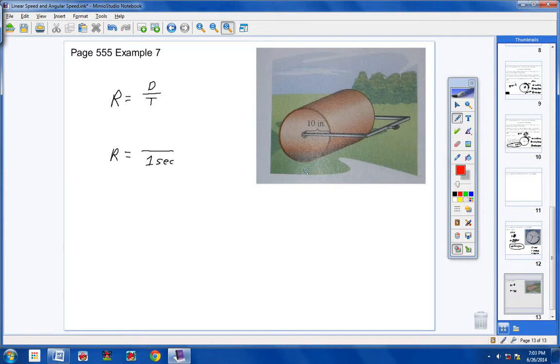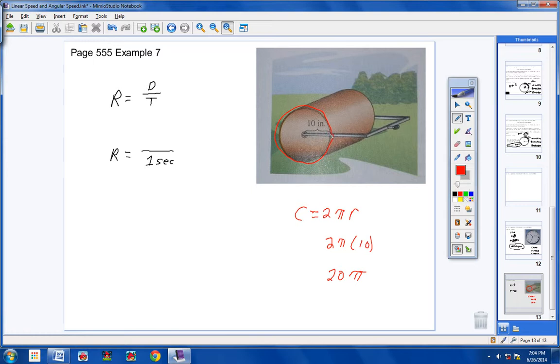Circumference equals 2 pi r. Now the radius is 10, so I have 2 pi 10, and 2 times 10 is 20, so I have 20 pi. So when I make 1 revolution, I've traveled a linear length of 20 pi.